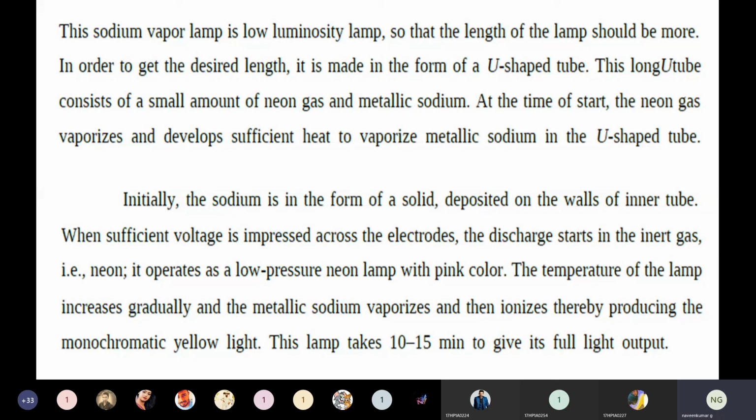The temperature of the lamp increases gradually and metallic sodium vaporizes, then it ionizes, and then it produces monochromatic yellow light. For all this process to happen, it takes about 10 to 15 minutes to give its full luminescence. Okay, so this is the operating procedure of your sodium vapor lamp.